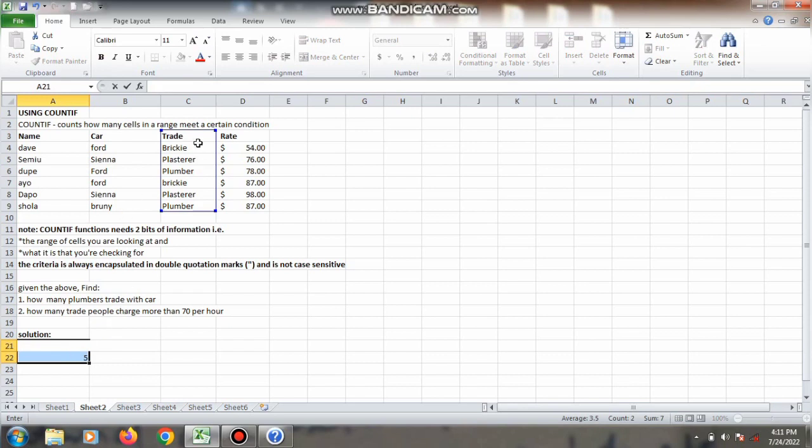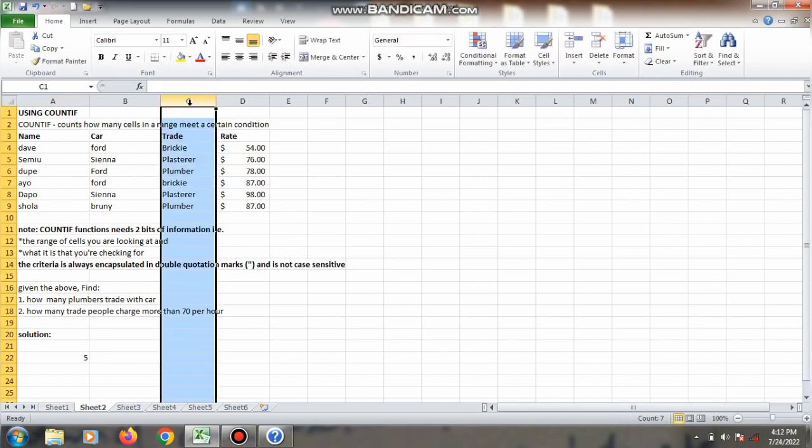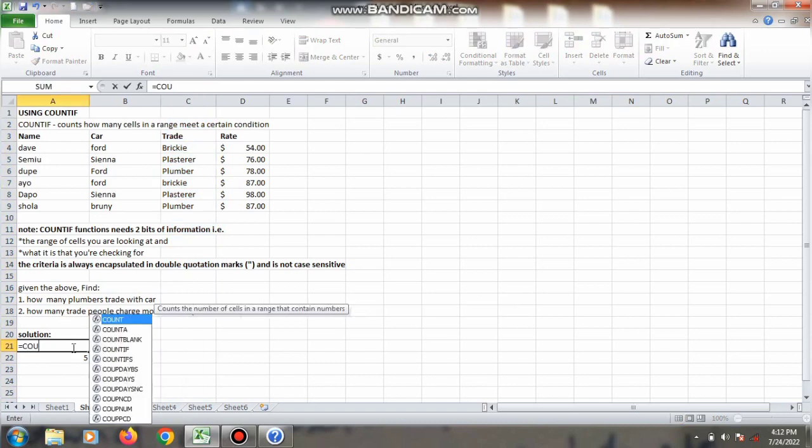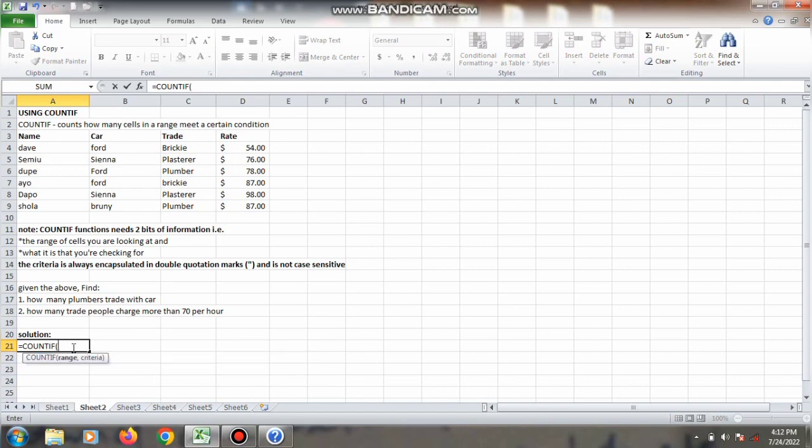Very good. Our car trade is in column C. As you can see, we have the trader, the bricklayer, the plasterer, and the plumber. To check how many plumbers trade with car, it's very simple. Just enter the formula equals COUNTIF, open your bracket.